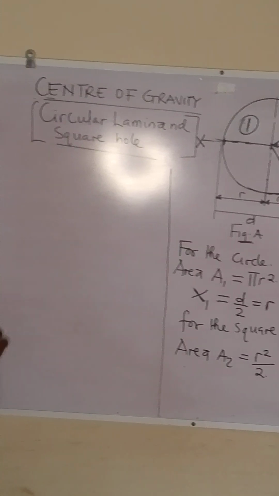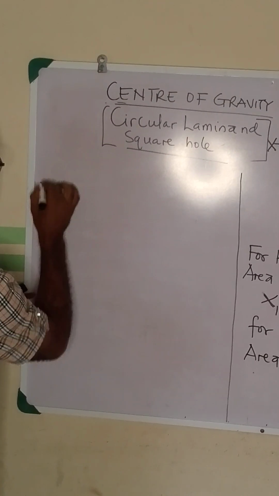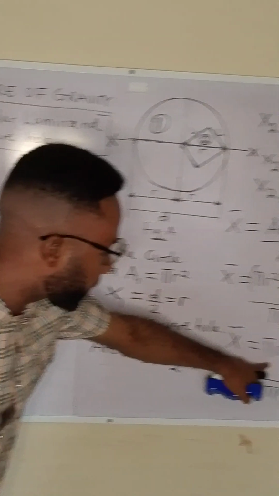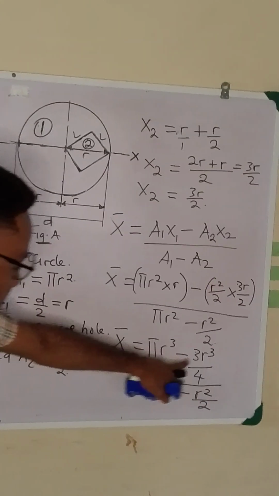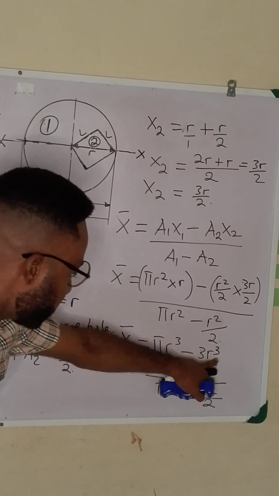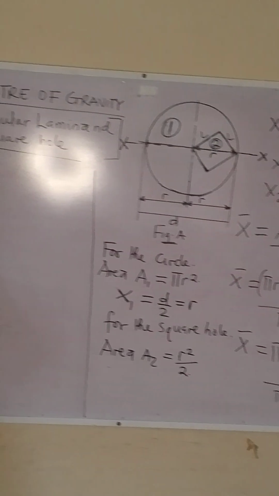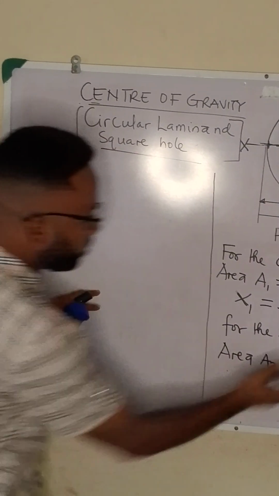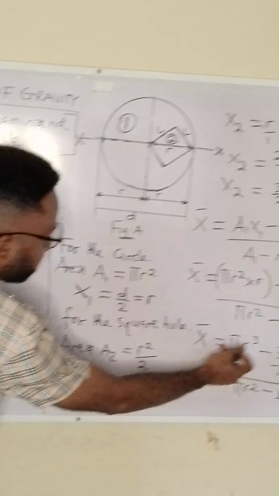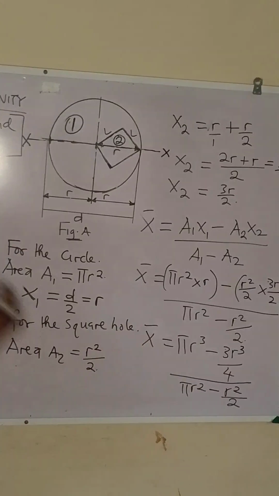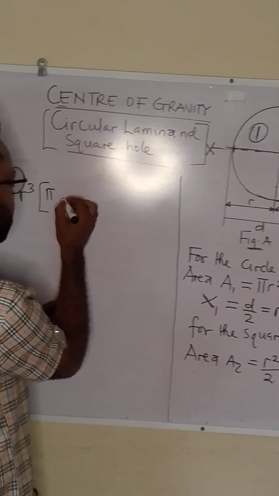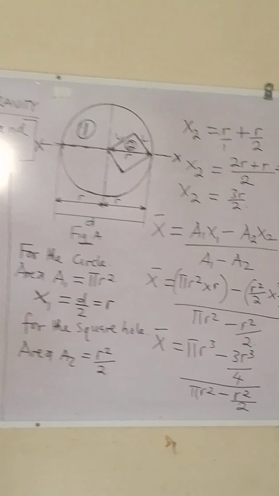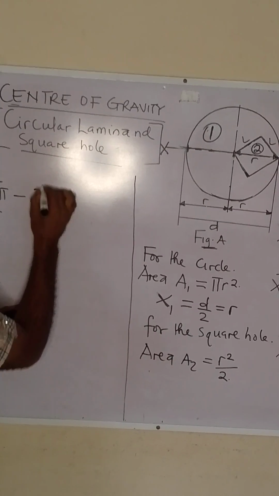Okay, we can take it to this other end to continue our solution. So we have our x bar equal to, we can actually factorize from here. Since we have r cubed here and r cubed here, we can factorize. So we have r cubed into pi minus 3 over 4.